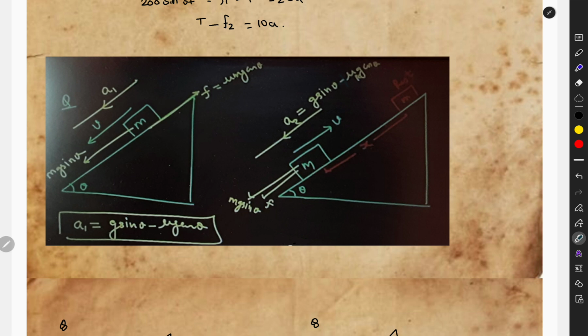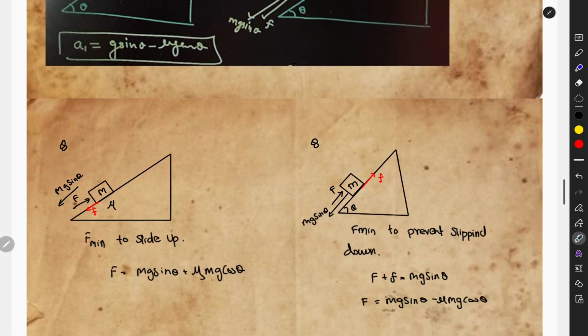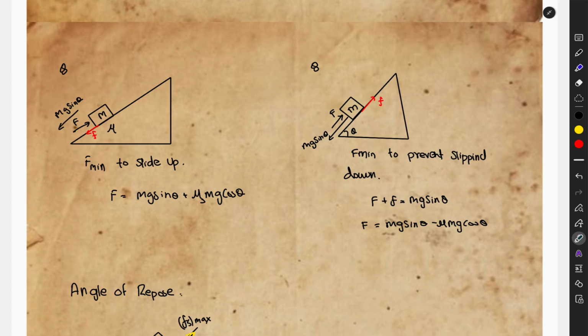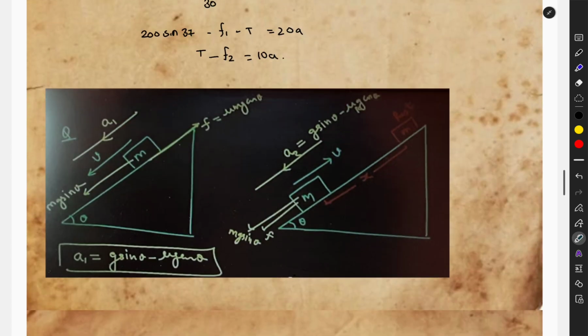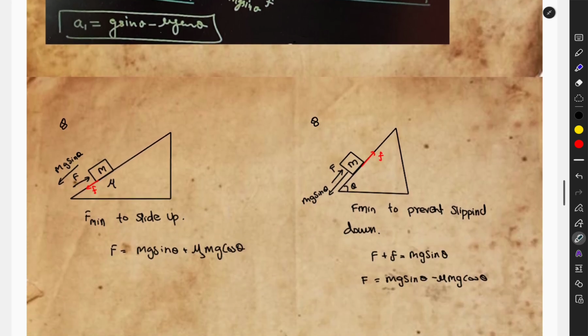This should be plus because both are acting in the same direction. The questions can be formed like this: we need to find the acceleration, and then velocity is given, and they can ask what distance it will travel before stopping on the inclined plane, or what time it will take to stop.